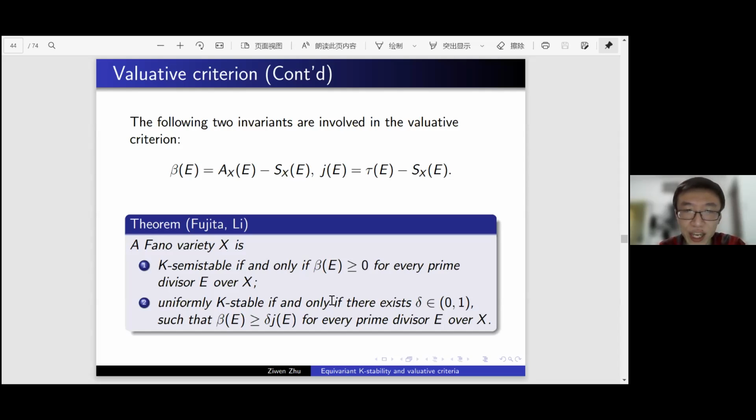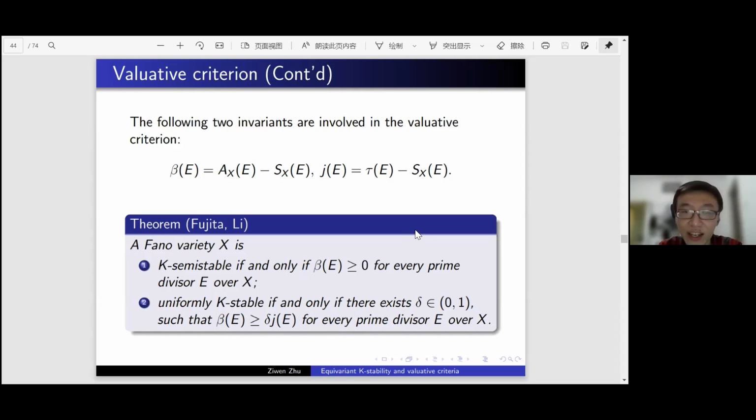And for uniform K-stability, we look at the fraction beta over J. If we have a uniform lower bound delta for beta over J, for each prime divisor E, then we have uniform K-stability. Okay, so this is the valuative criterion for the usual notion of K-stability.